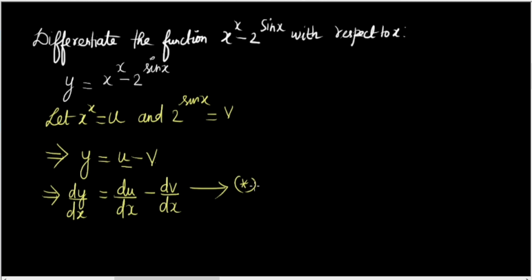So now, first we are going to differentiate our u individually. So let us consider u here. u is actually x power x. Here we know that the logarithmic differentiation method says we have to apply log on both the sides.